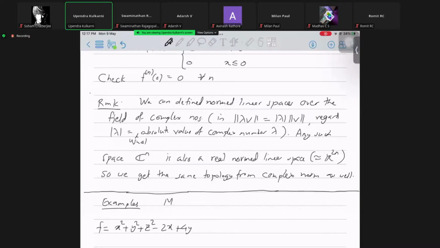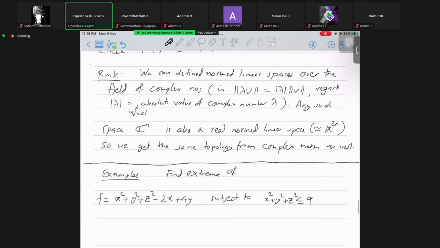Find extrema of f subject to, let's say, x square plus y square plus z square less than or equal to 9. Okay, so let's do this.